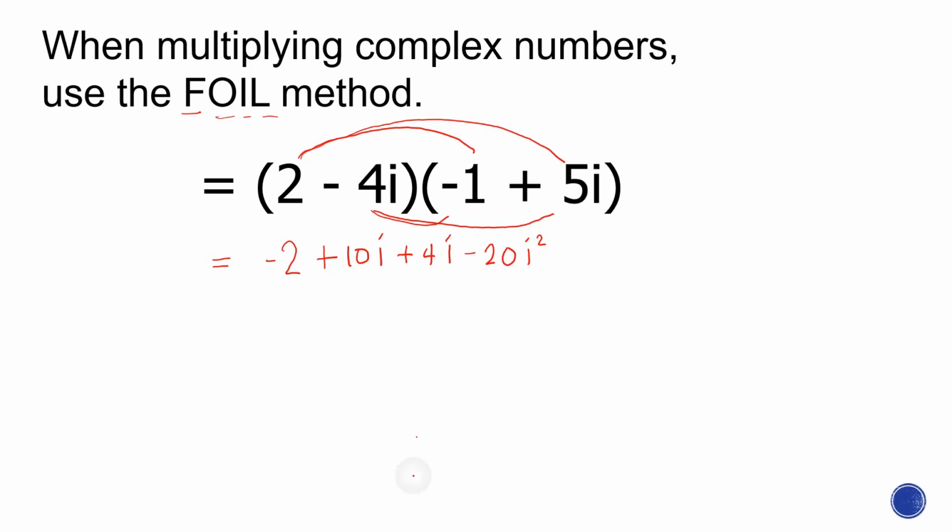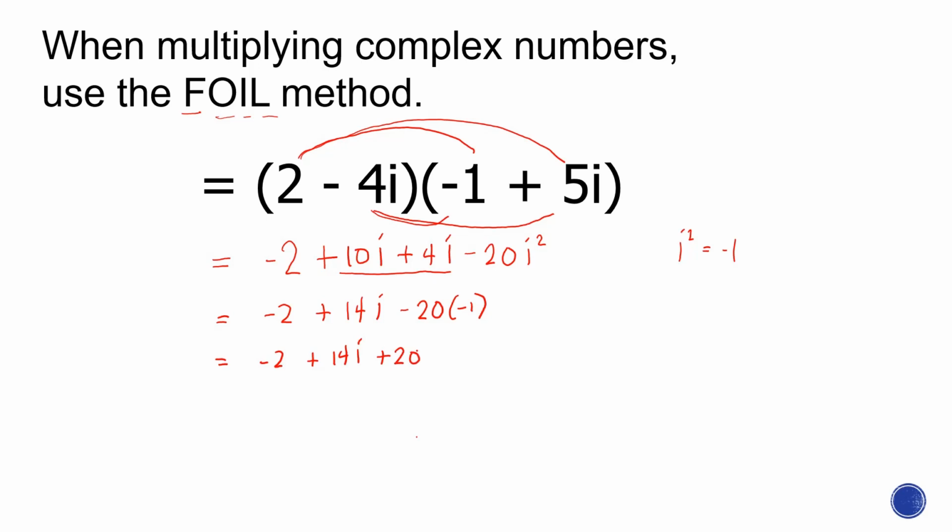Next, we need to combine the two terms in the middle. So that's negative 2 plus 14i, and then we need to simplify this. Now, we need to remember that i squared is equal to negative 1. So this is negative 20 times negative 1. So it equals negative 2 plus 14i plus 20.